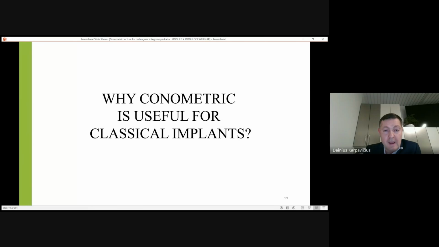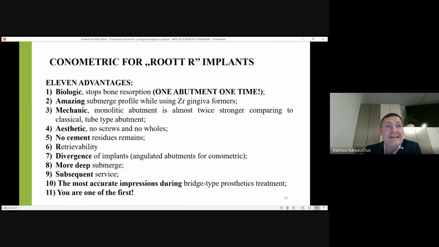But my friends, I can tell you that during about 25 years of experience, I have passed through a lot of different types of fixation, and for today, for premolar and molar areas, conometric is something I don't even want to turn back from, and this is the best solution for me.